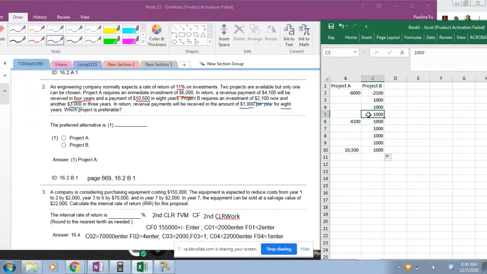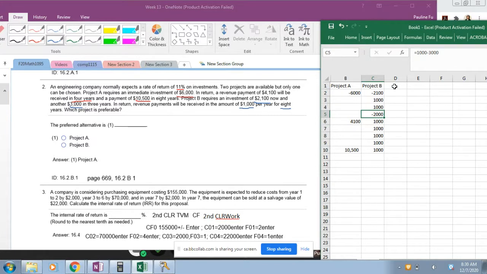So the net effect is this number. You have to subtract 3,000 because there is an investment of 3,000 in year 3. So in year 3, you get this number. Okay. The interest is 11% for both projects.